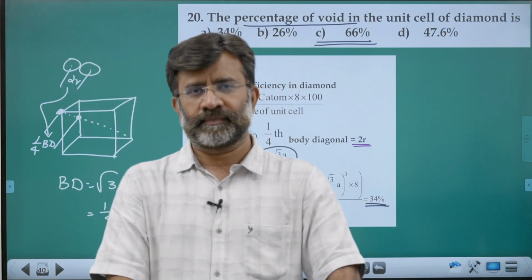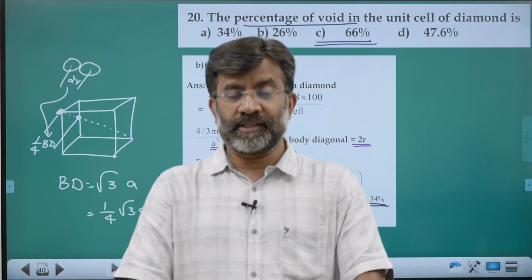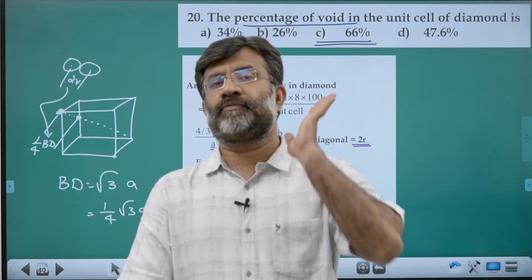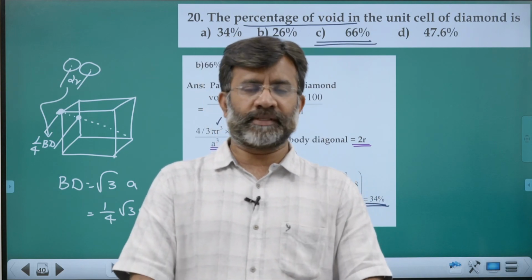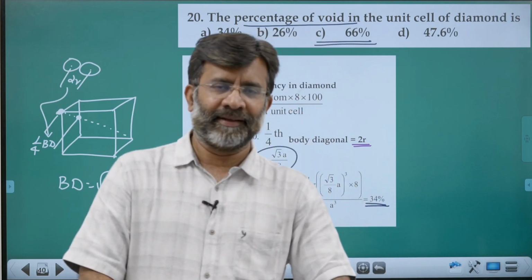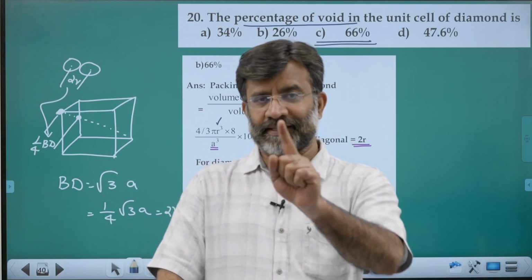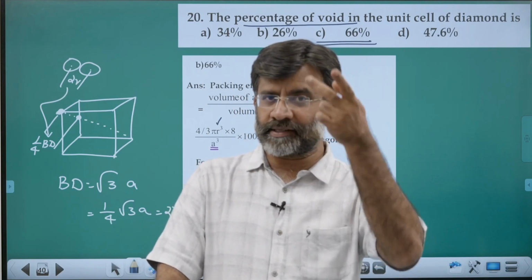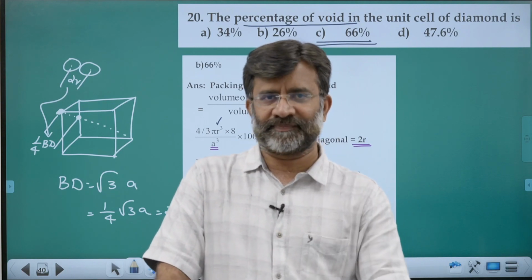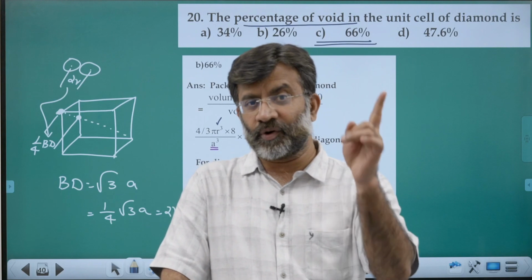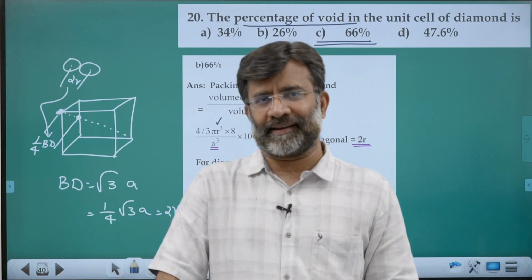Okay. So understand, the arrangement of carbon in diamond is similar to the zinc sulfide arrangement. How does the zinc sulfide arrangement come? All sulfur in the FCC arrangement and zinc in alternate tetrahedral voids. The position of the tetrahedral void is 1/4 distance along the body diagonal.